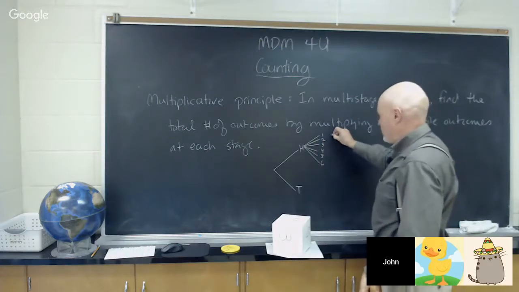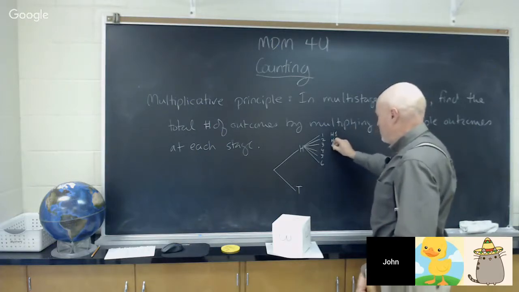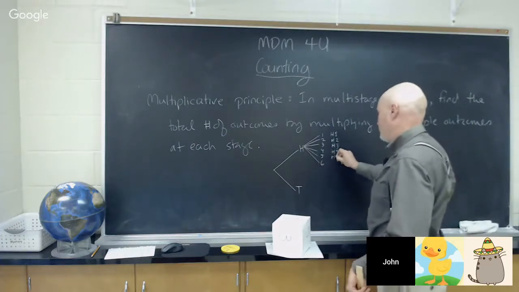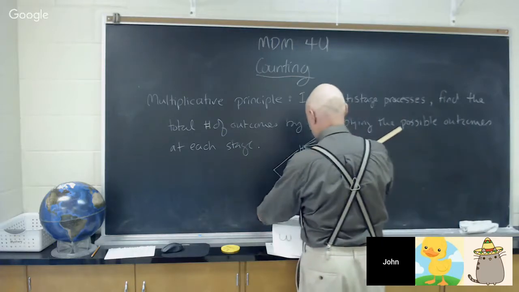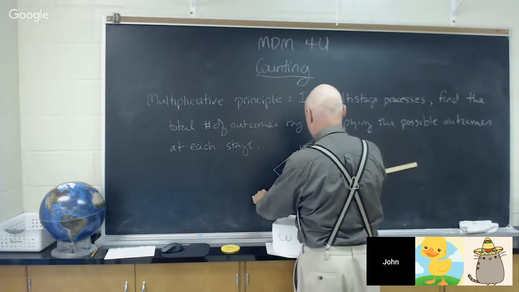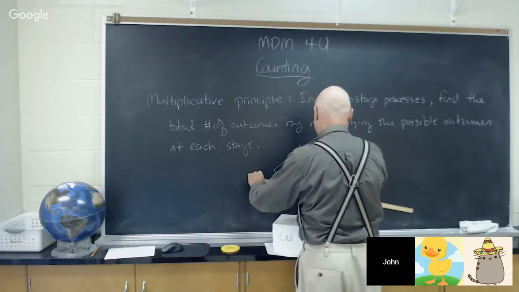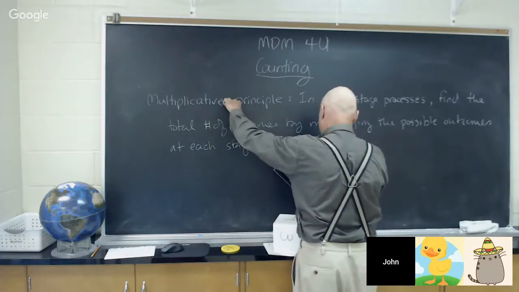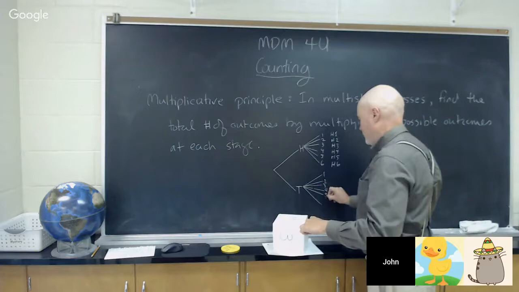And so here are all your outcomes. You can get a head and a 1, a head and a 2, head and a 3, head and a 4, head and a 5, head and a 6. And then we can do the tails the exact same way. And this is going to complete our tree diagram. And you can see how the multiplicative principle looks from this tree diagram. 1, 2, 3, 4, 5, 6.